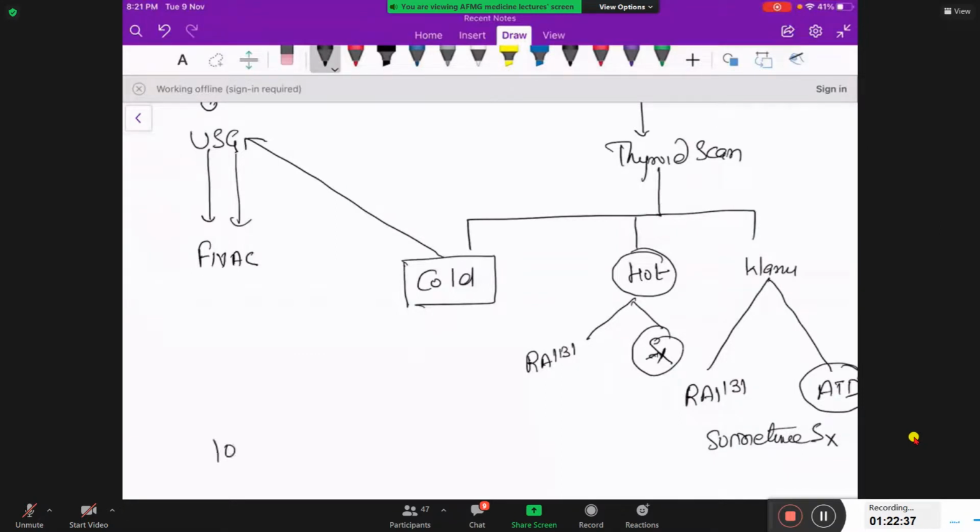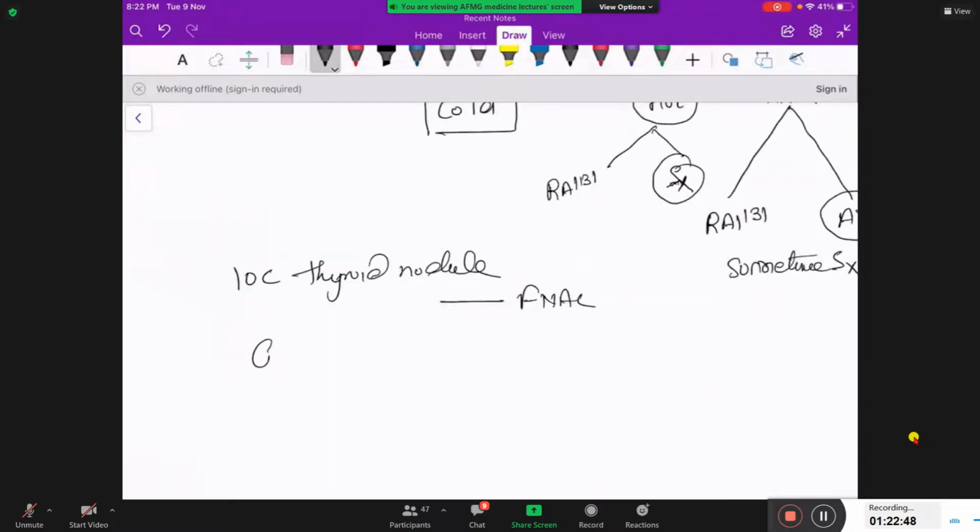If you are asked what is the investigation of choice for thyroid nodule, it is FNAC. If you are asked what is the gold standard investigation for thyroid nodule, it will be excisional biopsy, and what excisional biopsy? ME thyroid.